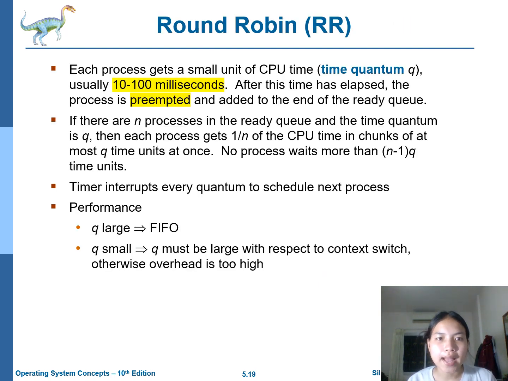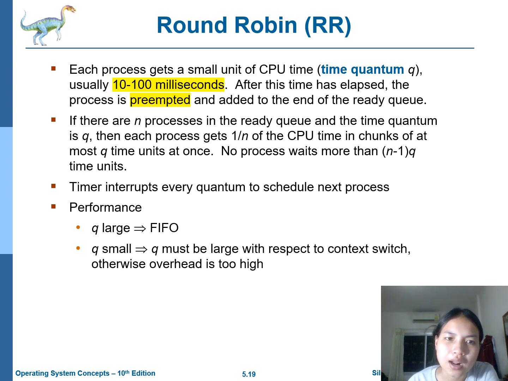Round robin, RR. Each process gets a small unit of CPU time, the time quantum, usually 10 to 100 milliseconds. After this time has elapsed, the process is preempted and added to the end of the ready queue.